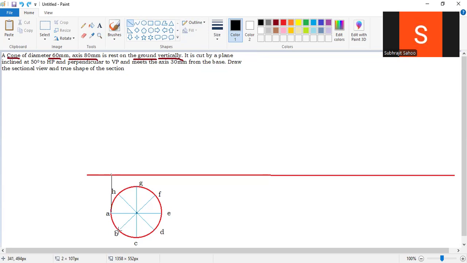From points B and H, draw the projection line. From points C and G, same. Next, from points D and F, projection line. Next, from E.